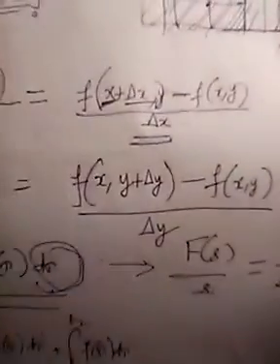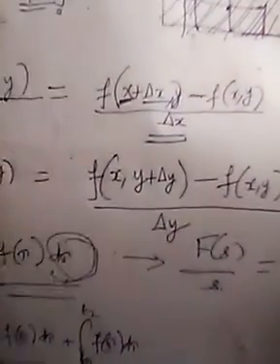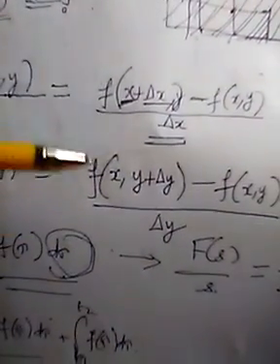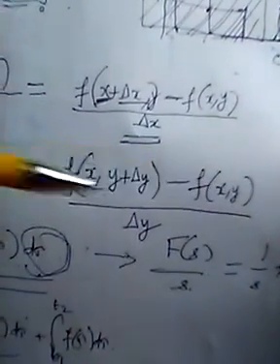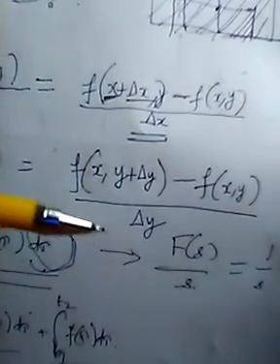Here, if we want to write the equation of the particular square box, then I can write it as f of x comma y. Here you can see f of x comma y equals f of x comma y plus del y minus f of x y, divided by del y.